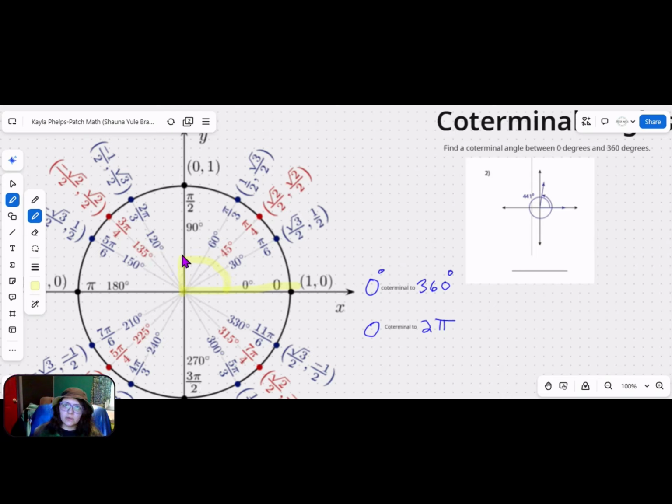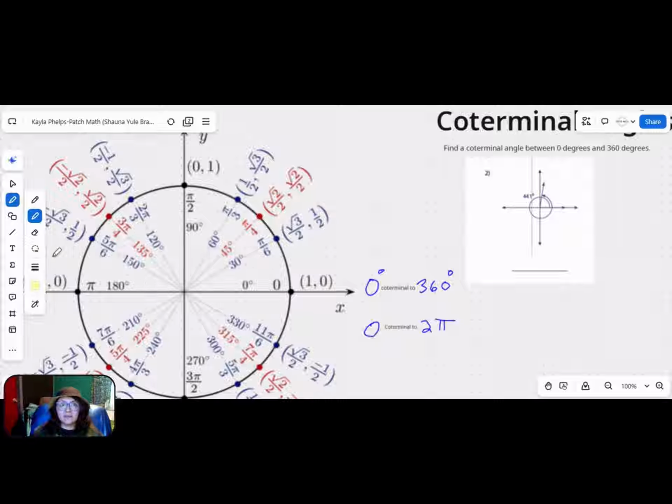So for example, opening counterclockwise 90 degrees is that angle right there. Counterclockwise ends up being the positive direction. Notice we move 30, 45, 60, 90. All of these increase as we go around.